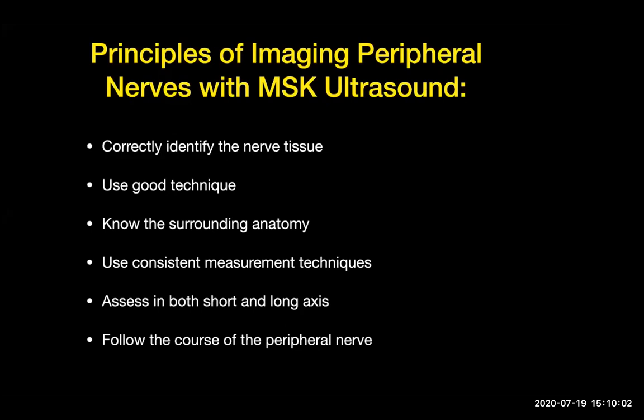You have to know the surrounding anatomy, what the structures involved are. There are consistent measurement techniques. It's not always ideal, of course, to be measuring a lot of normal values or basing it on normal values, because sometimes it may vary.